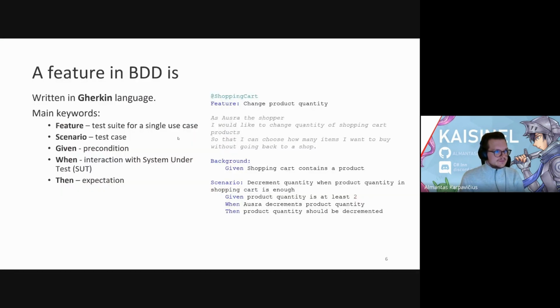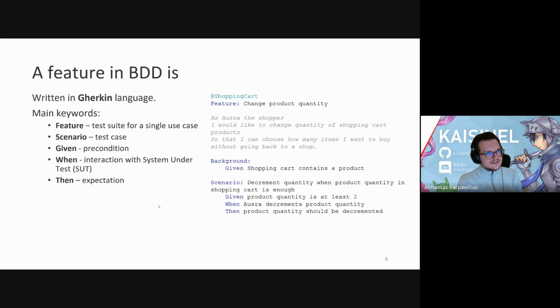So what is BDD? To quickly remind you, it's a way to define tests in a human-readable way. And when you define tests in this human-readable way, you can start thinking about using those tests as documentation, as examples of how to use your product, as a way to communicate the intent better.